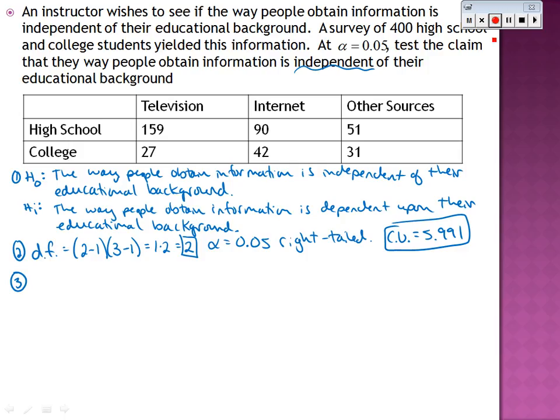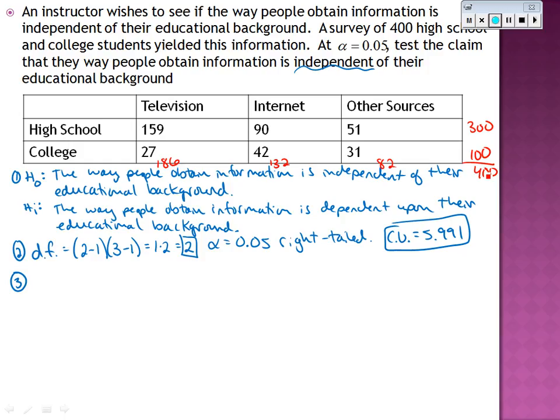So if we add up the first row, 159 plus 90 plus 51, we have a total of 300. 27 plus 42 plus 31, we have a total of 100. The total for the first column is 186. 132 for the second column, and 82 for the last column. Our grand total is 400.